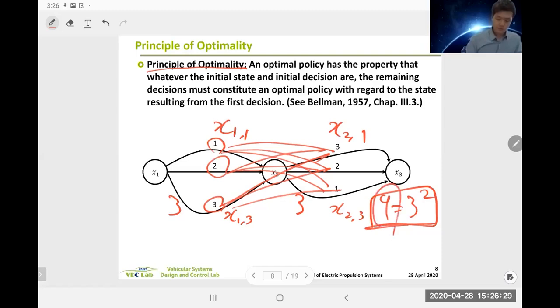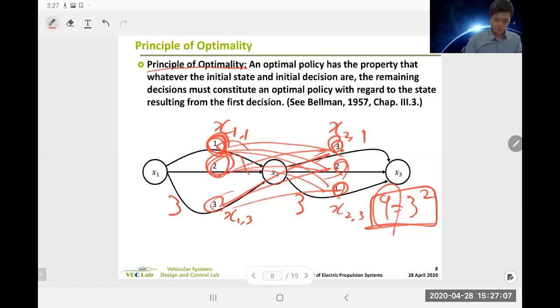So you need to add 1 plus 3, 1 plus 2, 1 plus 1, 2 plus 3, 2 plus 2, 3 plus 1, right? But if you use this principle of optimality, you can do this much more efficiently. That's the whole idea, the whole point of dynamic programming.